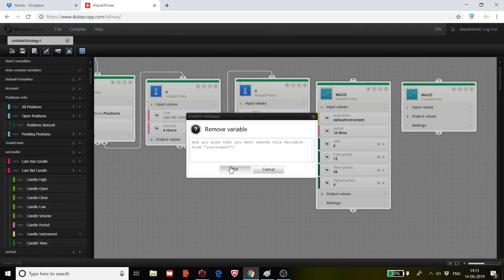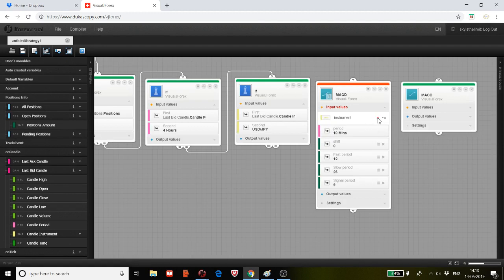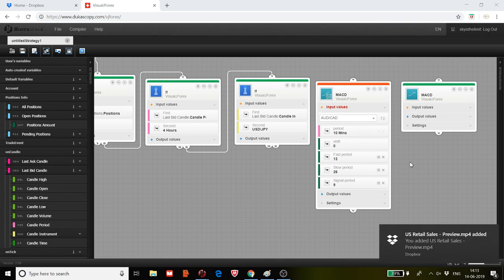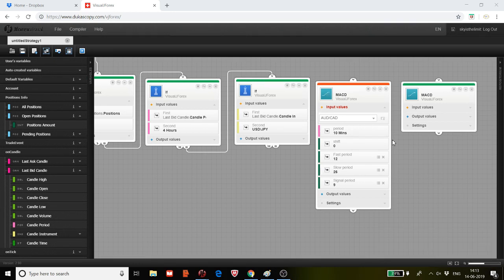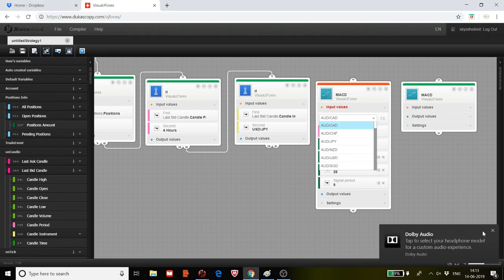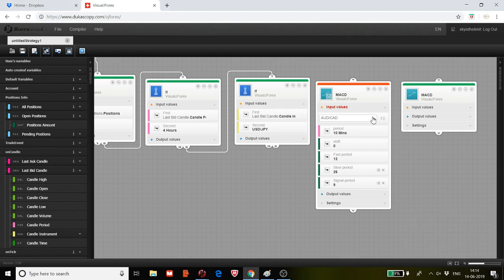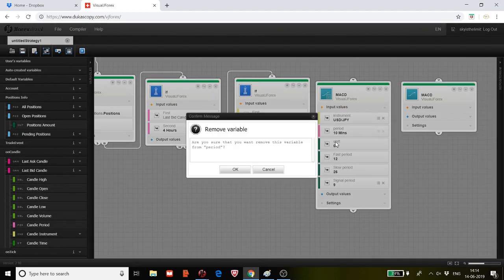First change the default instrument to USD JPY, and the period to 4 hours.